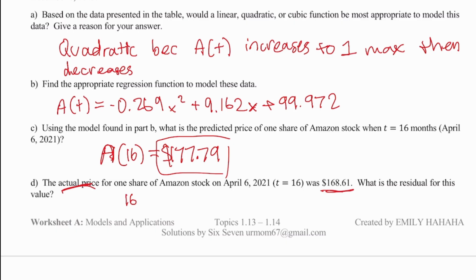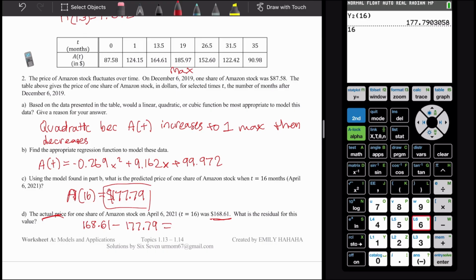So 168.61, that was the actual value, minus predicted by the function, and then just put that in the calculator. That gives us negative 9.18.